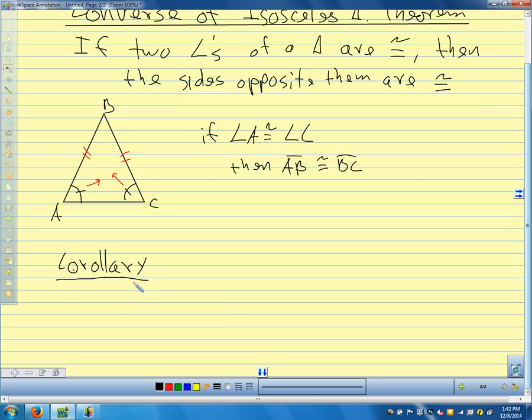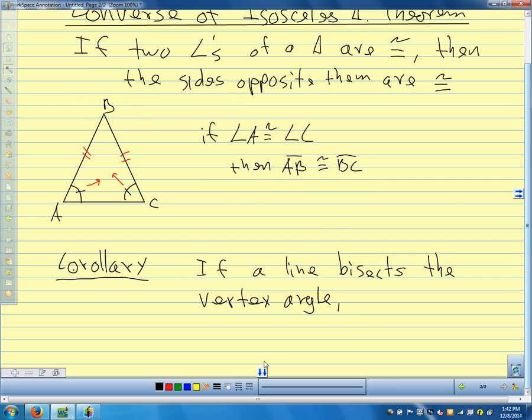Our corollary says that if a line bisects the vertex angle, and let's remember, what does bisect mean?